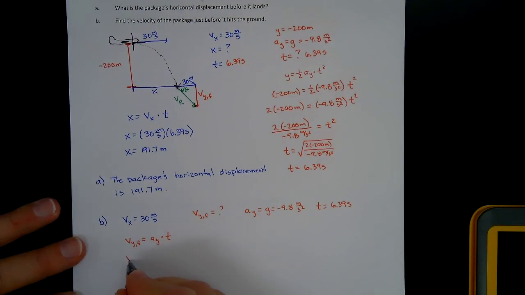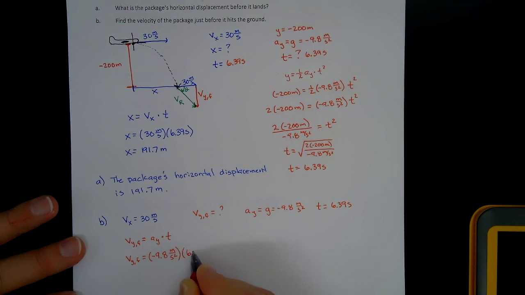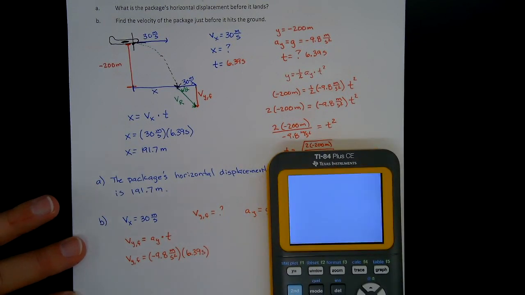So v sub y of f is equal to negative 9.8 meters per second squared times t, which is the 6.39 seconds.